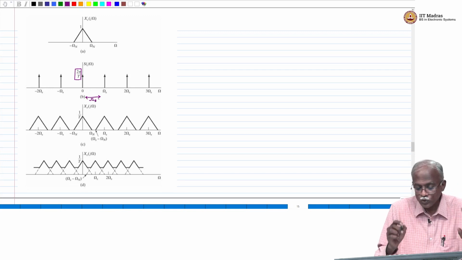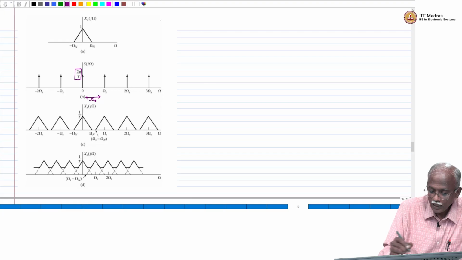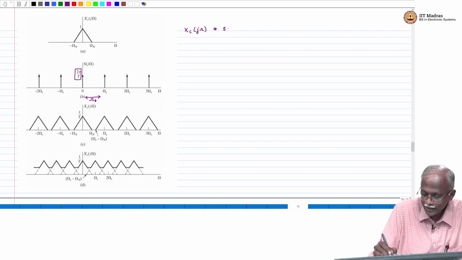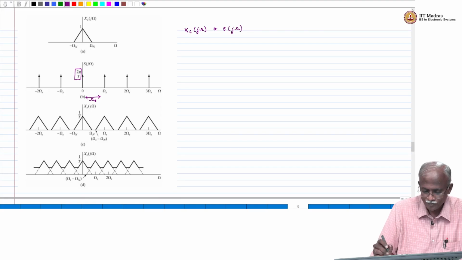So the two functions that we are going to convolve are xc of j omega convolved with s of j omega.